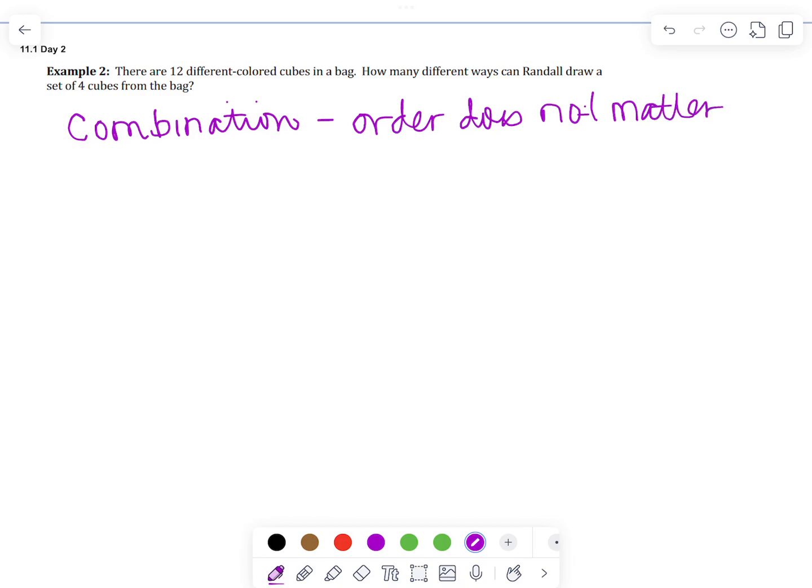You are choosing 4 cubes from the bag of 12. So we'd use our formula nCr.